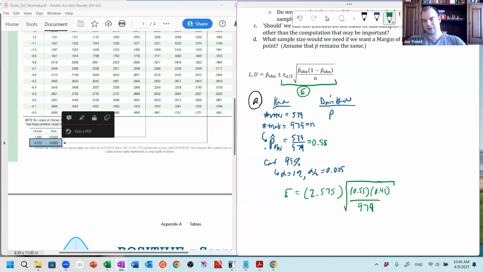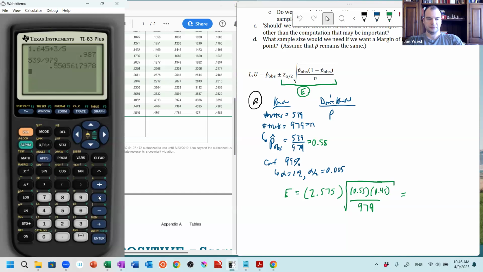Okay, we've got to plug this in the calculator now. Let's see what we get. So I have 2.575 times everything after this goes under the square root. So I do second square root, and I need 0.55 times 0.45 divided by 979.